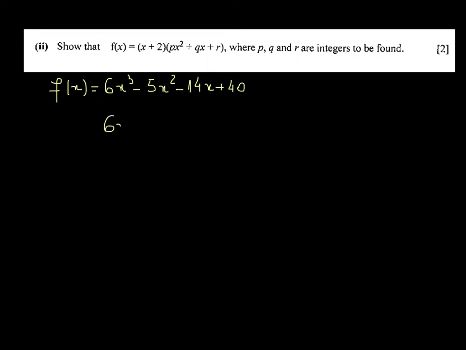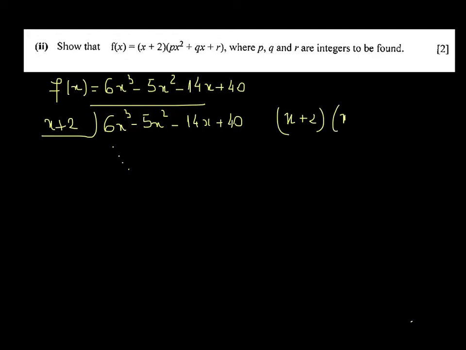Long division, 6x cubed minus 5x squared minus 14x plus 40 divided by x plus 2. So we get x plus 2 bracket times 6x squared minus 17x plus 20. This is f of x.